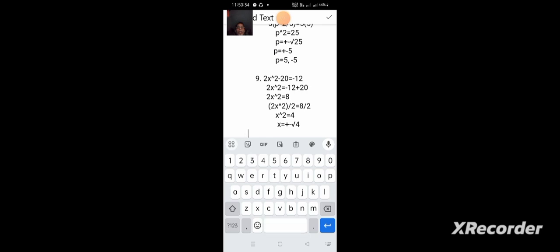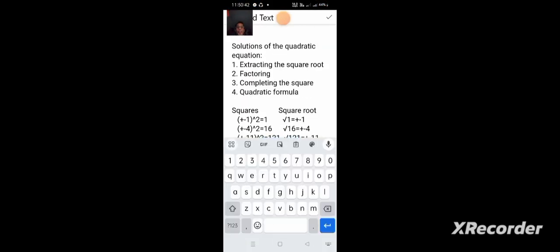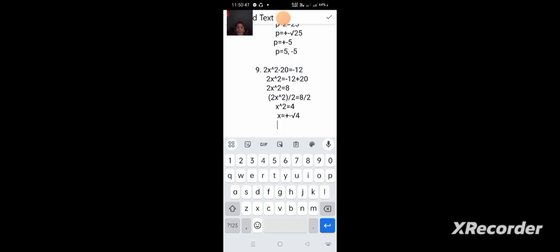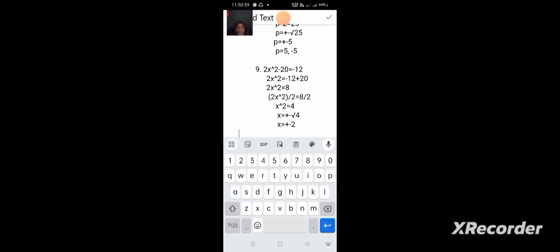Now extracting the square root of 4, you will have x is equal to plus minus square root of 4 is 2. Therefore now x has the value of 2 and negative 2.